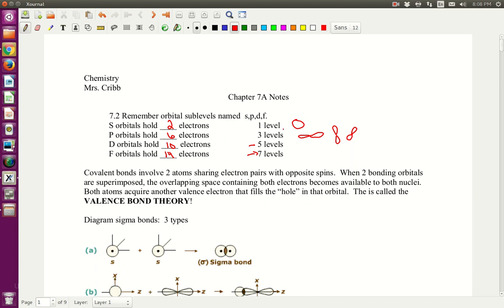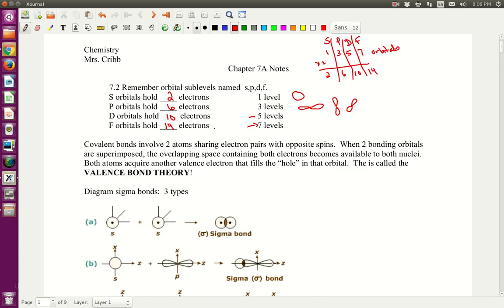Remember, SPDF, we did this before. 1, 3, 5, 7 shapes, 7 different orbitals, and each one can hold 2 electrons, so we multiply them all by 2 to get 2 in the s, 6 in the p, 10 in the d, and 14 in the f. SPDF, 1, 3, 5, 7, and then 2, 6, 10, 14. Okay, we're going to need to review that a little bit because we're going to see that coming up.